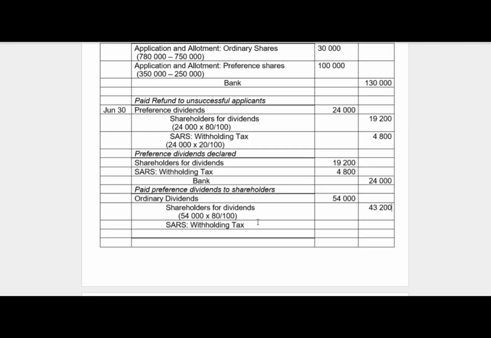And then withholding tax is 20%, so it's going to be 54,000 multiplied by 20 out of 100. How much there? Let's see. 54,000 multiplied by 20%, I'm getting 10,800.